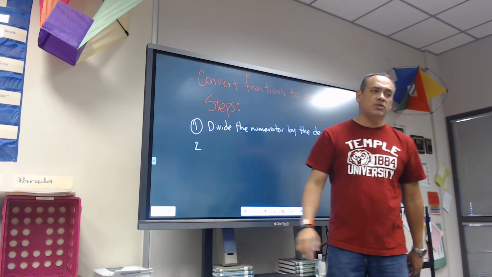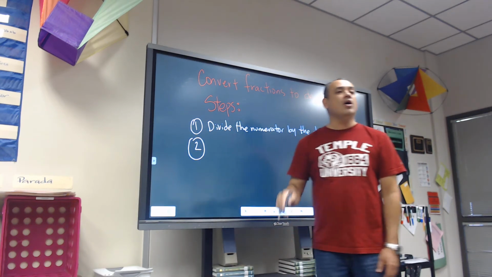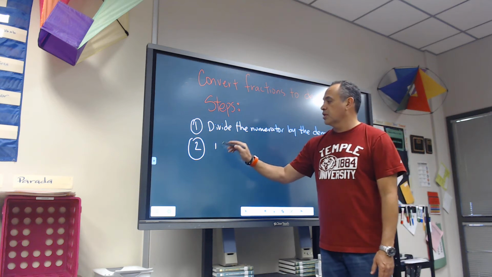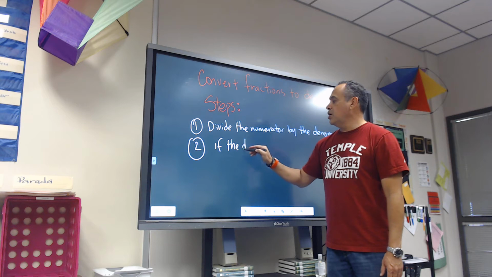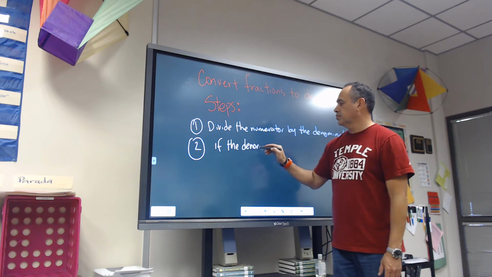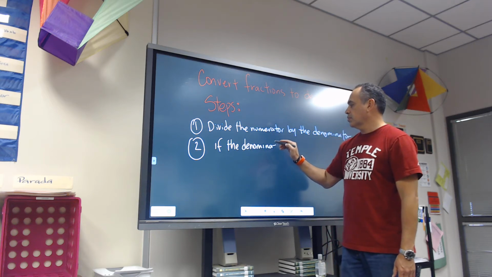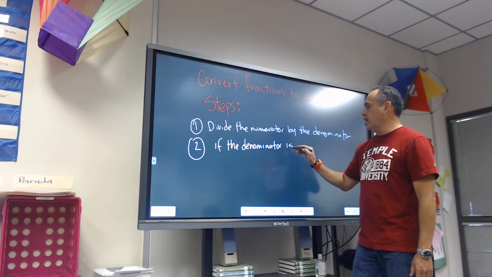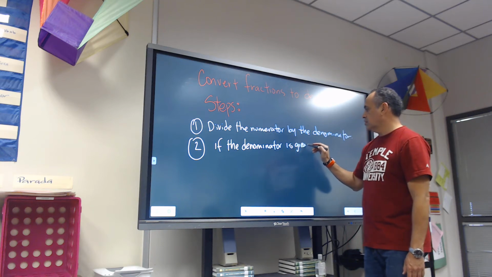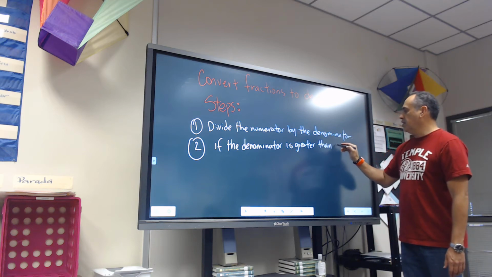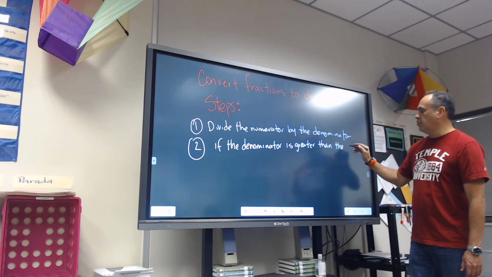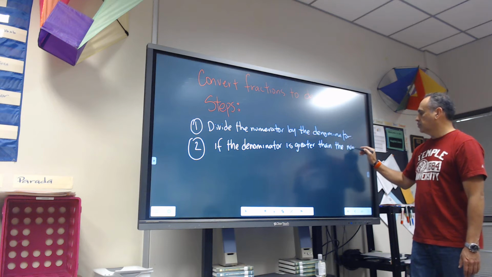And guess what? There's only 2 steps. All right. So if the denominator is greater than the numerator, you regroup.